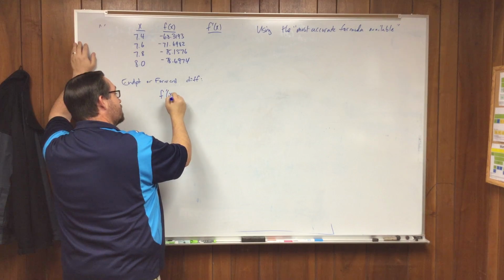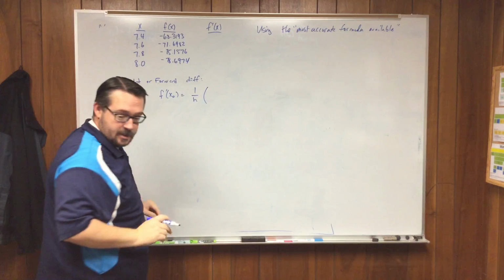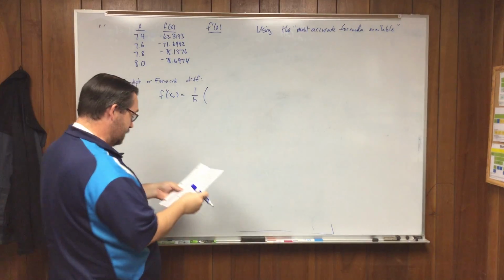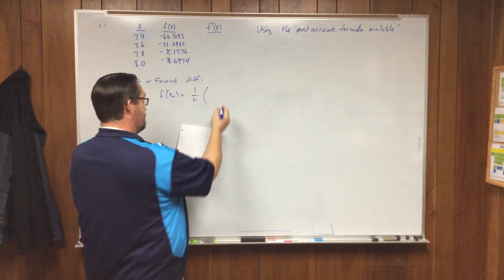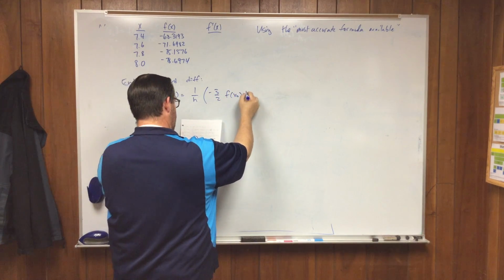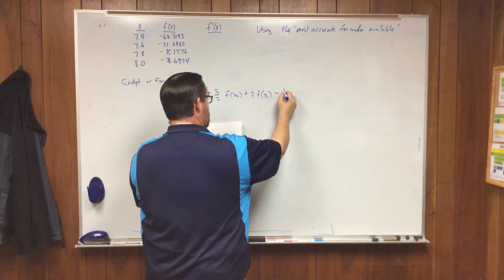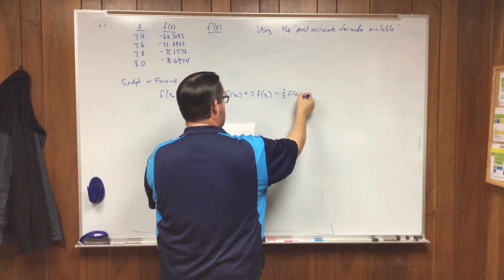F prime at x naught is 1 over h times, and I don't have these memorized and don't expect you to memorize them either, negative 3 halves f at x naught plus 2 f of x1 minus 1 half f of x2.